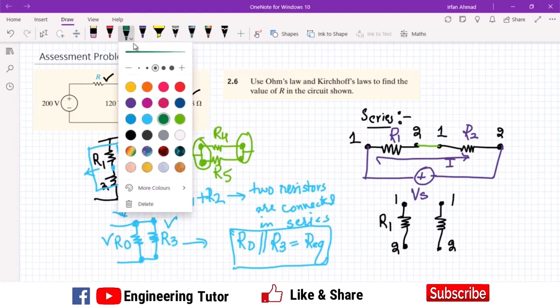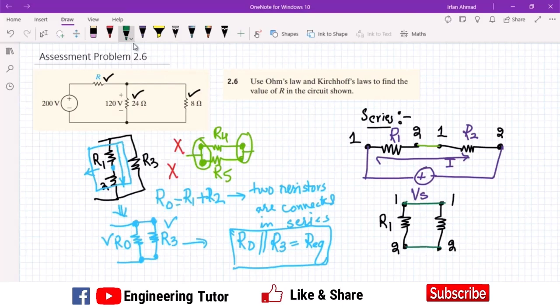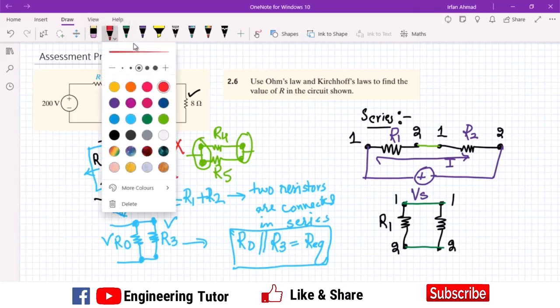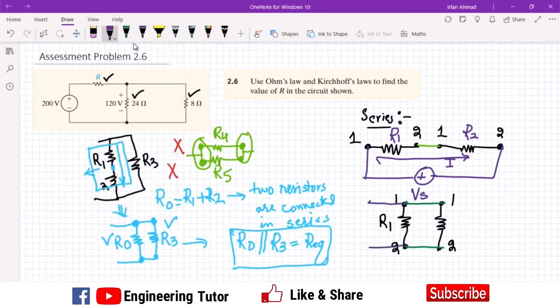When I connect 1 with 1, and connect 2 with 2, and then connect a voltage source here, we will get a total current here, which will go here, and now R1 and R2 are in parallel.